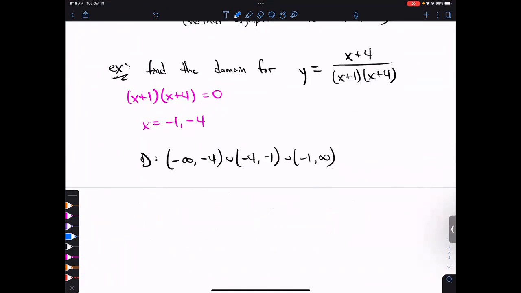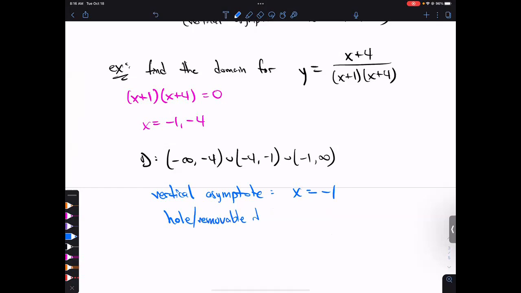So this has a vertical asymptote at x equals -1 and a hole or a removable discontinuity, that's the fancy math word if you want to impress your friends at parties, at x equals -4.